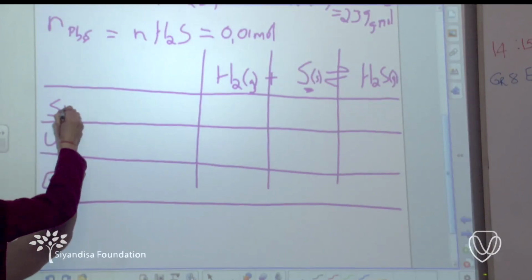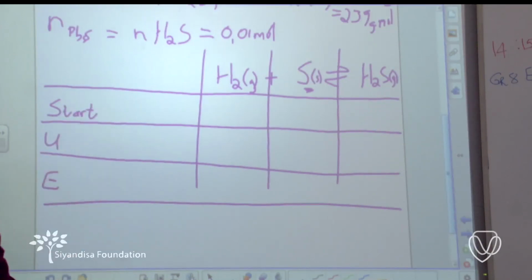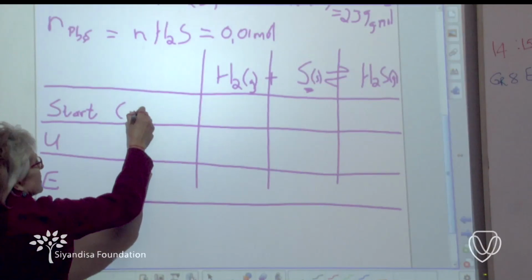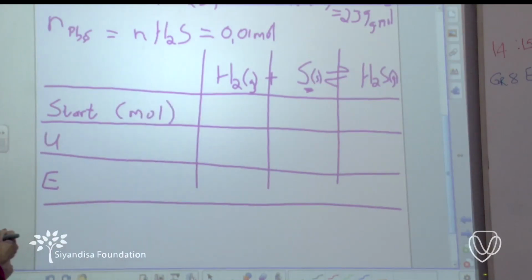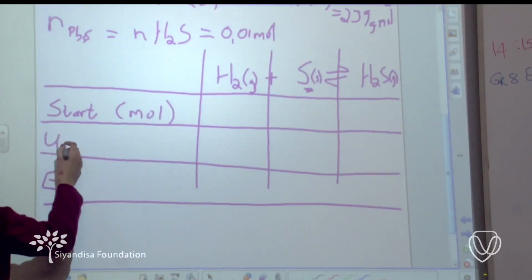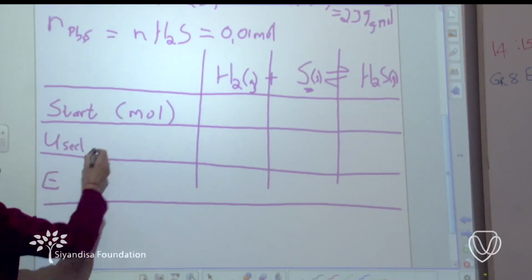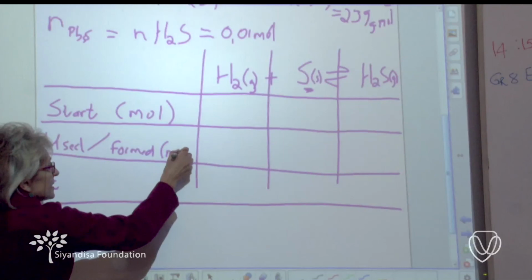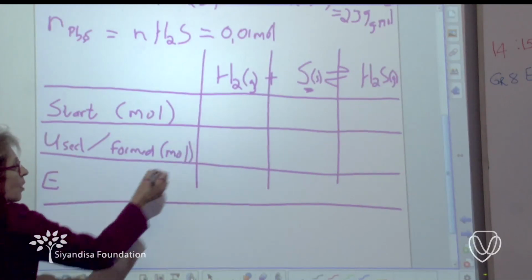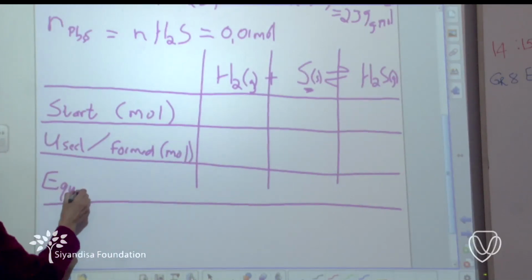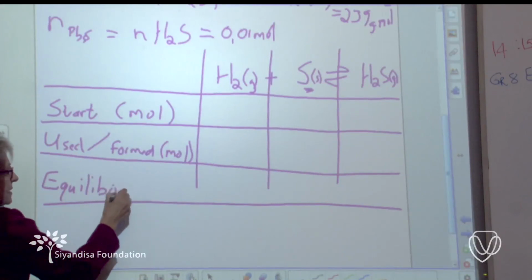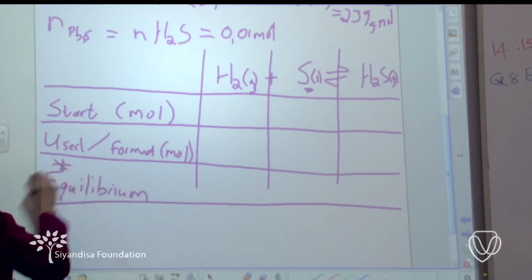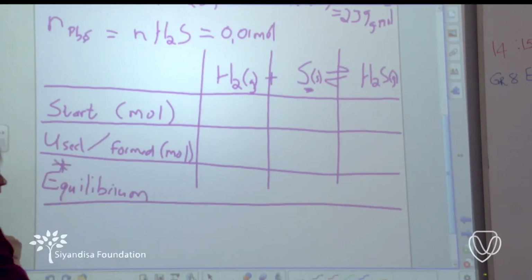This means this is the chemicals that we started off with, and I'm using the mole unit. This is what was used of the reactant or formed in the product, and once more, I'm working in mole. This is at equilibrium, so this is the row that we will be using for our calculation.